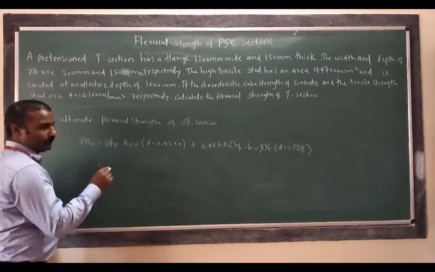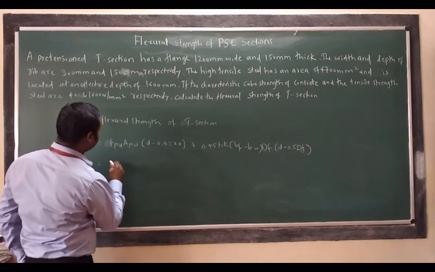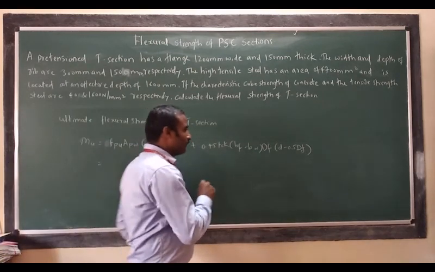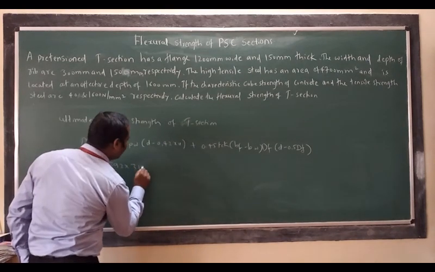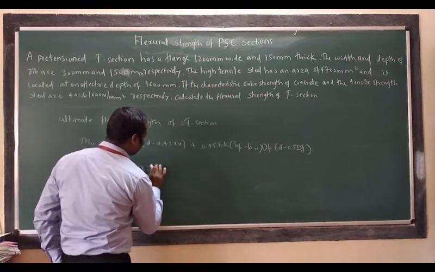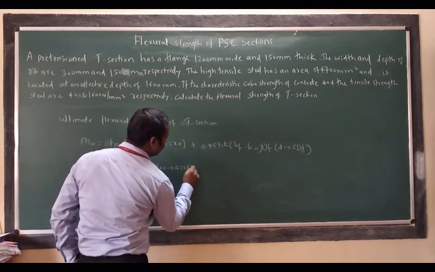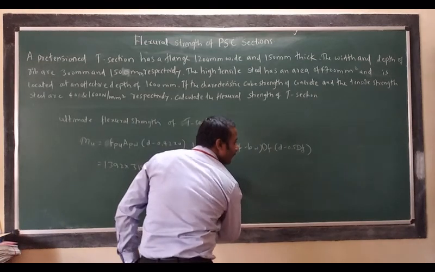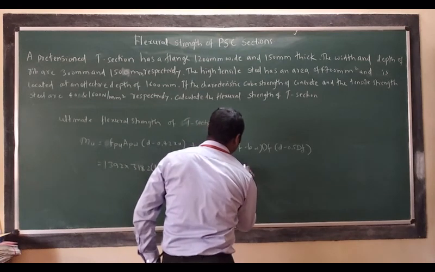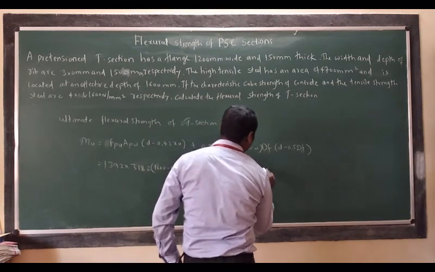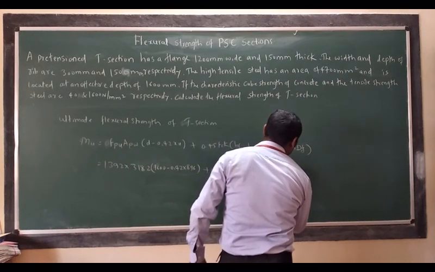So we will substitute the values here. FP is the effective pre-stress, which we got as 1392. APW we have got 3182. Then effective depth is 1600 mm. Then 0.42 into XU is 896, plus 0.45 FCK is 40. Then width of the flange is 1200, width of the rib or web is 300, depth of the flange is 150.